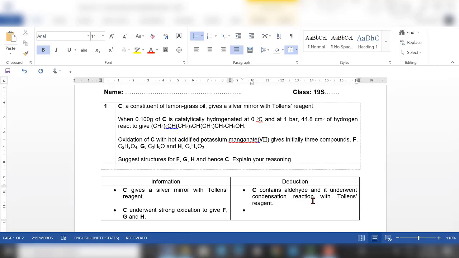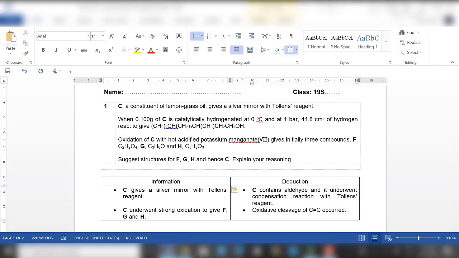So you can say that oxidative cleavage of the C=C double bond occurs as a deduction. Okay, then if you want, you can even conclude that there are 2 C=C double bonds.